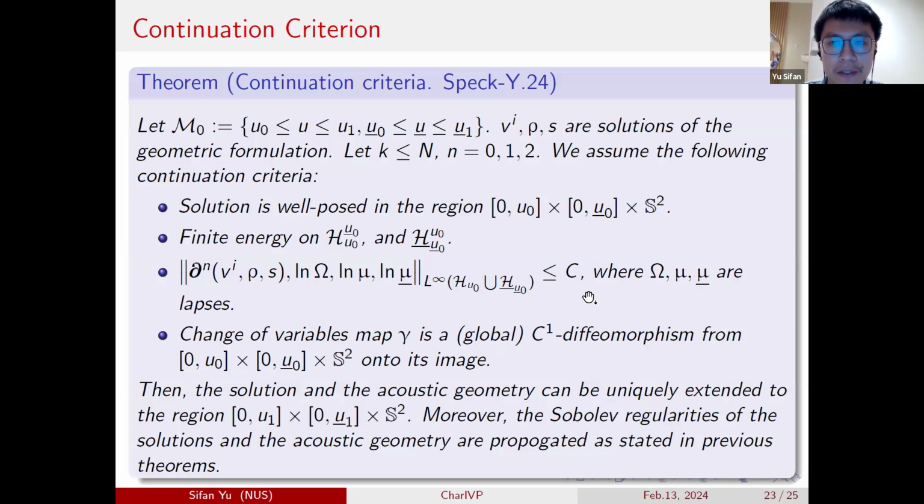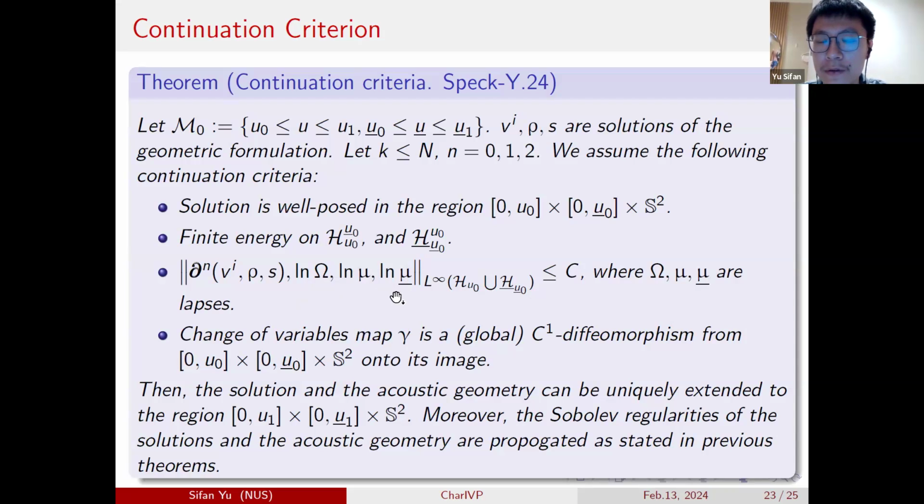of my smaller diamond. I need to mention that omega, mu, and mu bar are null lapses. So we have three lapses because in GR you will only have omega that measures the closeness between U and U bar, but you also need the mu and mu bar.